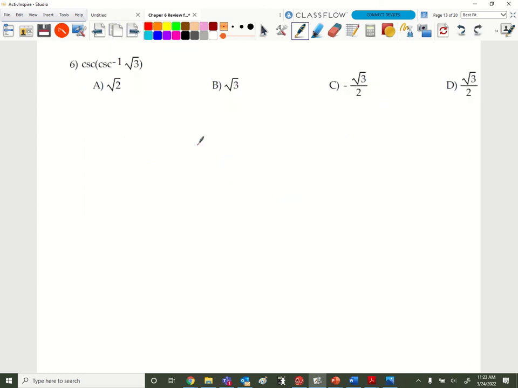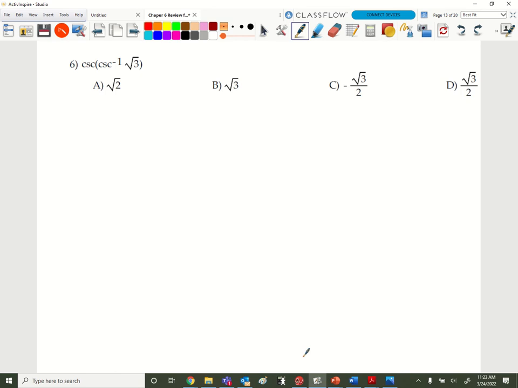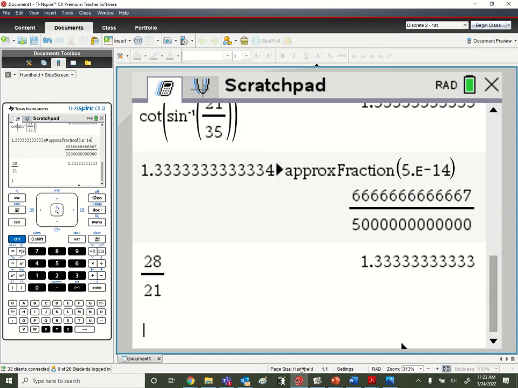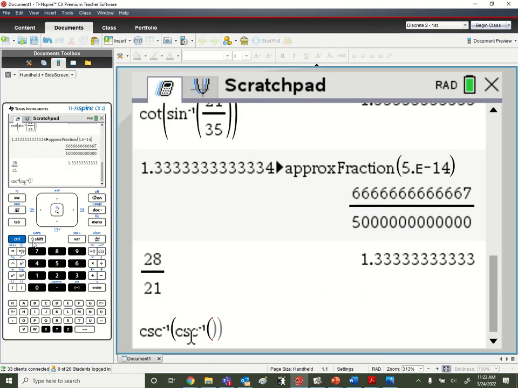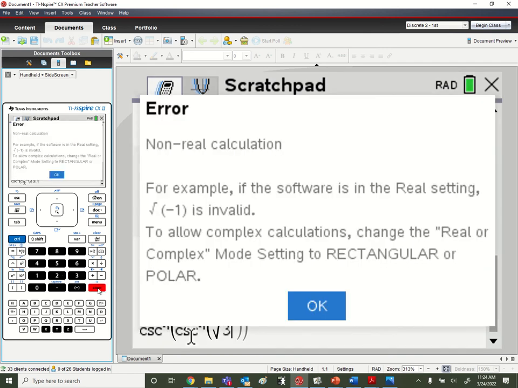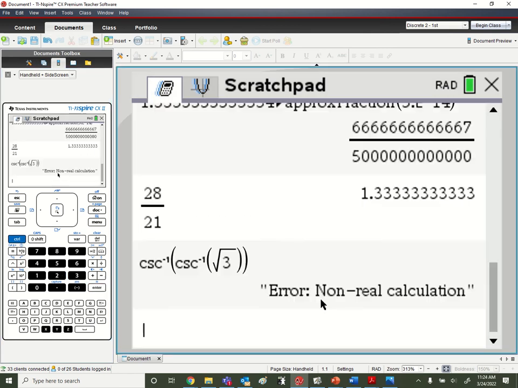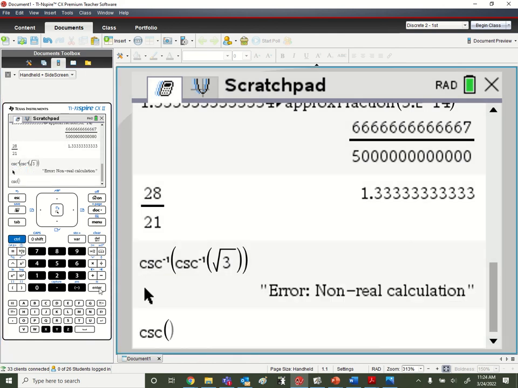Number 6. So let's do this one in the calculator. So it says root 3. So arc cosecant. Oh, I know why. Because it's supposed to say cosecant on the outside. I put arc twice.